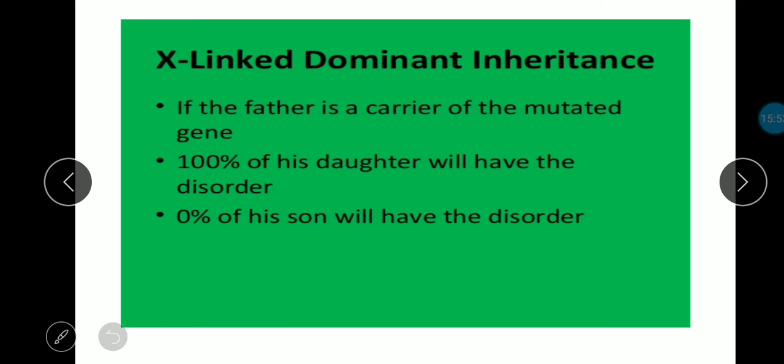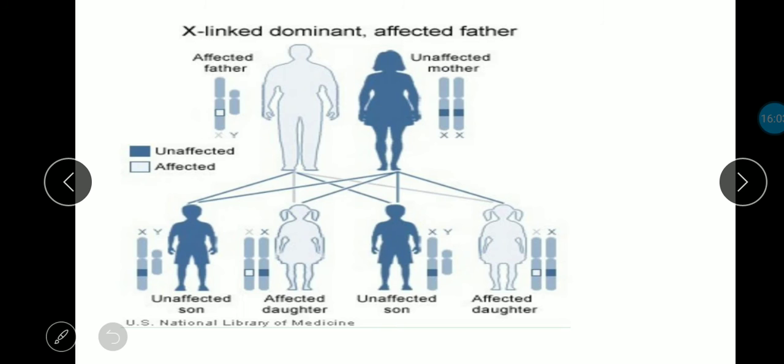The X-linked gene cannot show any effect on sons when the father has the mutant gene. It is seen in this diagram. The affected father is denoted as a light blue square.